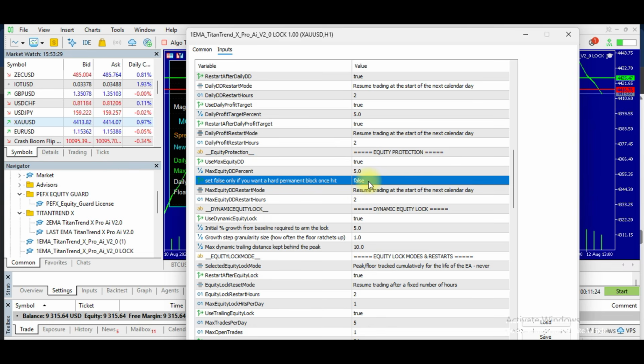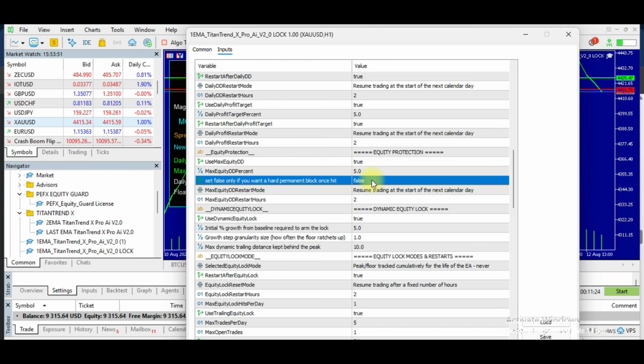That means it's about 3 features right now. The first one is what I'm explaining to you now. If you want the EA to hit the maximum DD, daily equity DD, and remain there and never come on again until you come and fix it for yourself, put this place on false.